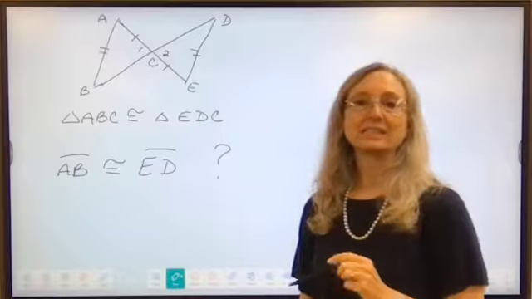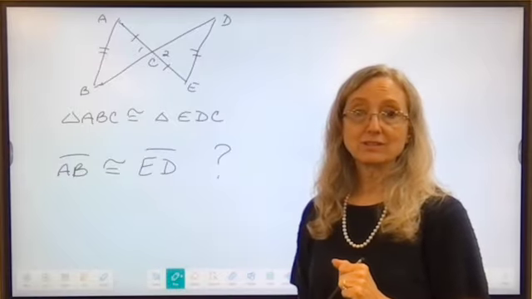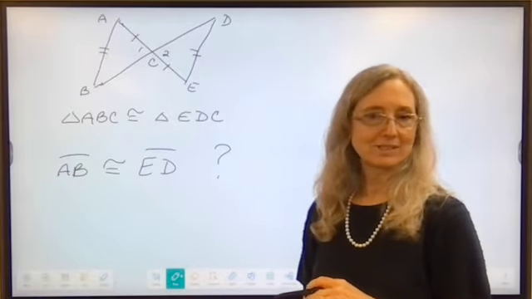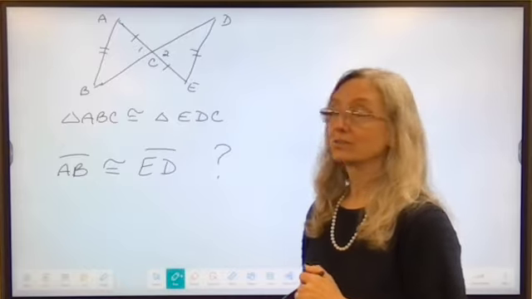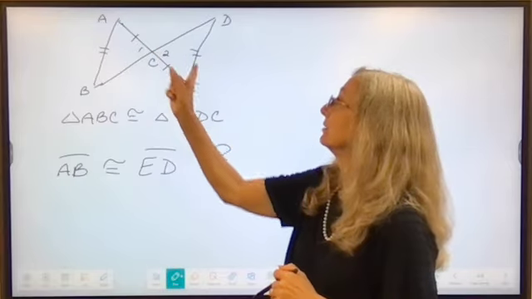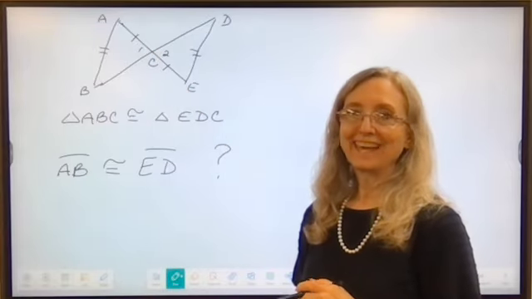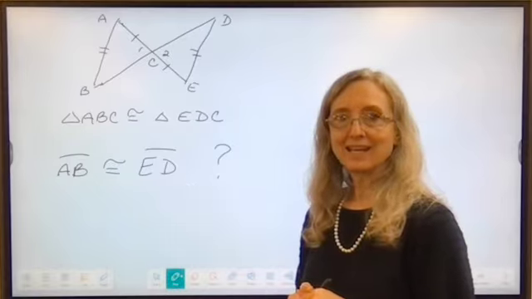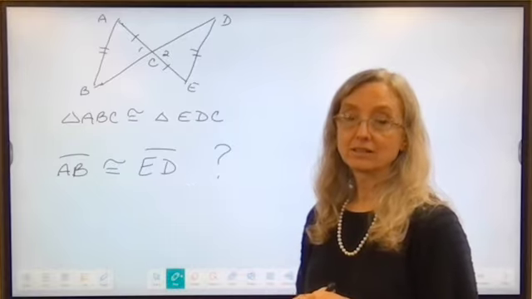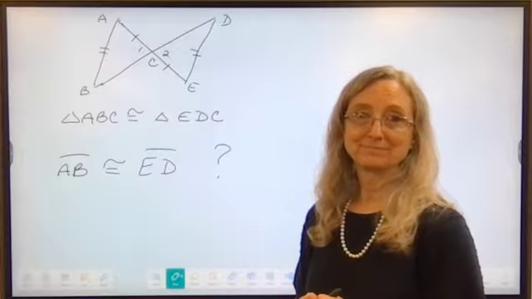Side, side, angle is not one of our postulates. I cannot use this. This is not enough. I can actually make several different triangles by changing these angles here in between. So that would not do it. The answer would be no. Side, side, angle is not a congruence.